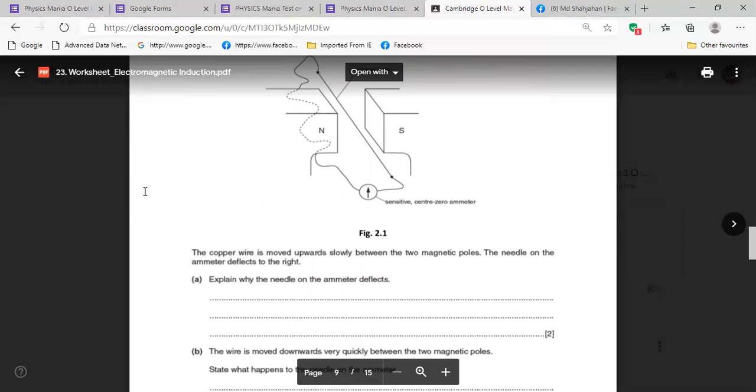Where the wire cuts the magnetic field lines, then there is induced EMF. Beside induced EMF, you give slash induced current is produced. Have you written? Yes, sir.